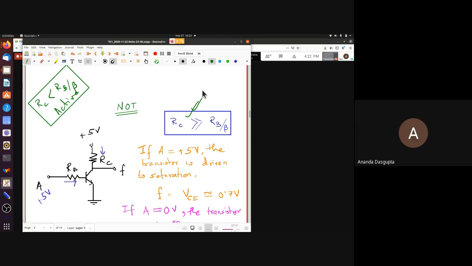It's much easier to saturate a transistor than to keep it in the active region. Just use equal resistances. It's going to go into saturation if A is plus 5 volts. Why do we want much bigger? Because you might argue that if it's just bigger, that's enough for saturation. Why do you want it to be much bigger? Simply because you want to drive it into something called hard saturation. In other words, you don't want to take a risk that because of some small variation in temperature or some other operating point, beta itself has changed and therefore the transistor is no longer saturated.